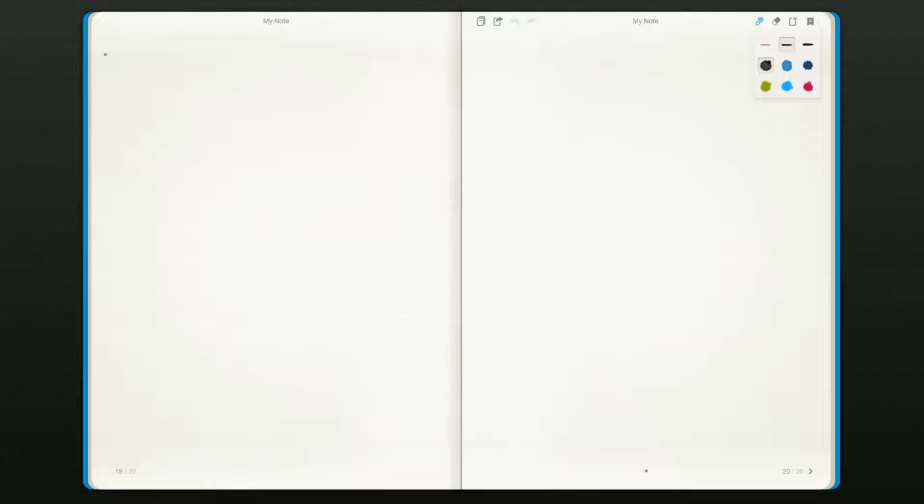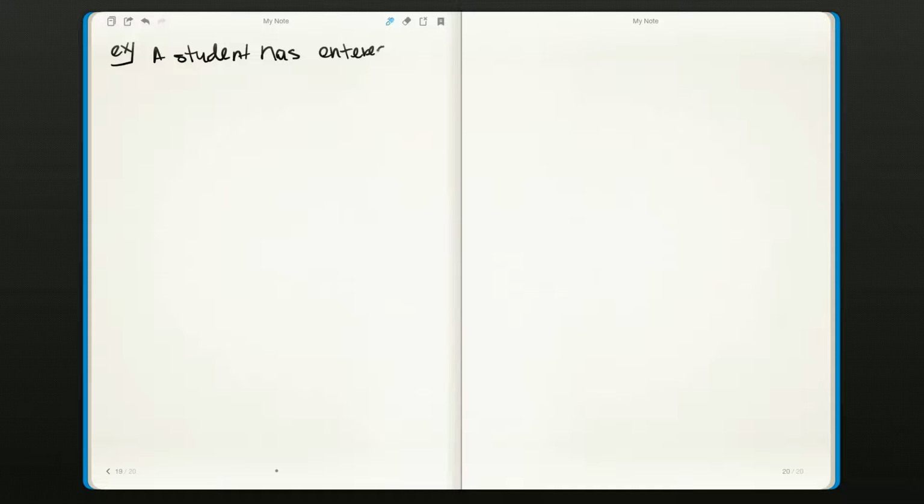Okay, another example. The student has entered a 10K run. So 10K is kilometers.